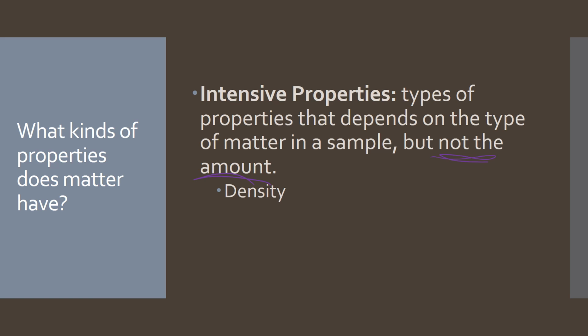The density of a substance will be the same, and it does not depend upon how much you have of that type of matter. Another thing is absorbency. Whether you have a small amount or a big amount, if something can absorb water, it will absorb water, just like a paper towel. And whether or not something is conductive of electricity, these are all intensive properties of matter.